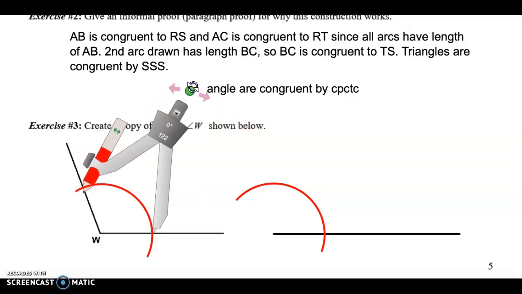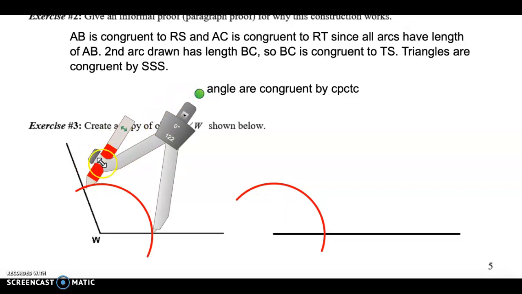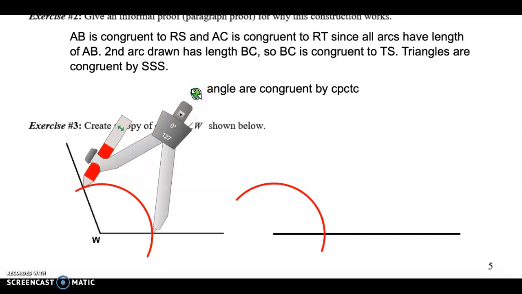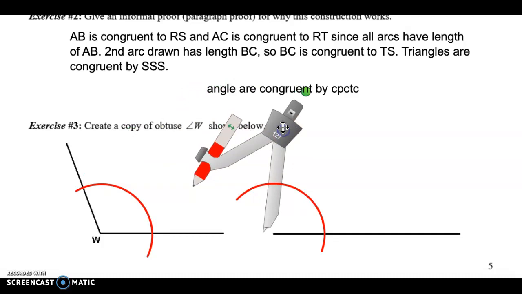Now I'm putting one end of my compass where the arc intercepts the bottom ray of angle W, and the other end where the arc intercepts the top ray of angle W. I'm measuring the span of that arc because I want to copy that same exact span for the angle that I am trying to create over here.